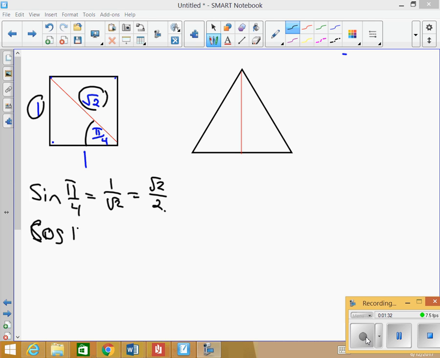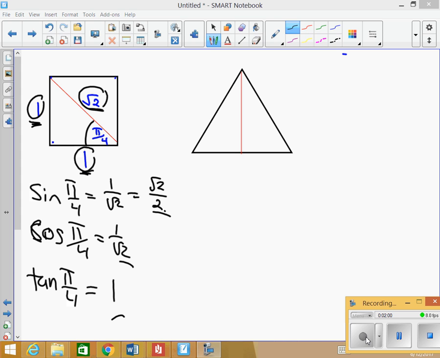Cos of pi over 4 is the same, 1 over root 2. Tan of pi over 4 is the opposite over the adjacent, so it's just equal to 1. So with pi over 4, we get these very regular values, and they're going to become important as we move forward.